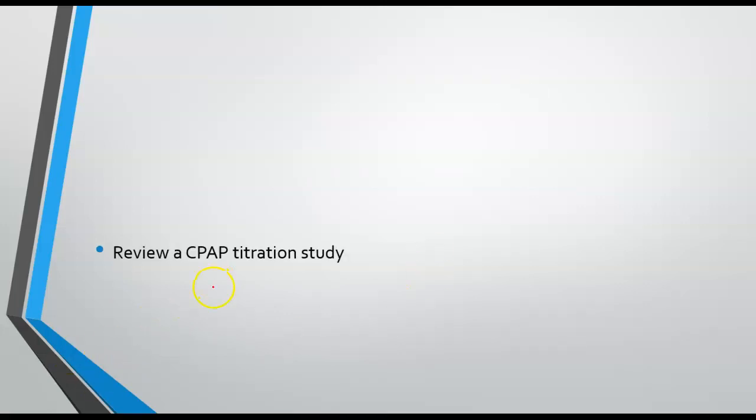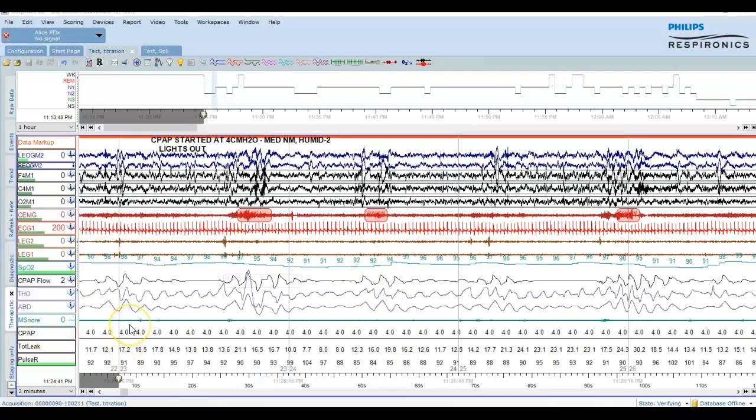So let's go and review a CPAP titration study to see how it is done in the real world. Here is the study. You can see that a CPAP study is being recorded, which says that CPAP started at 4 cmH2O, medium nasal mask, humidifier, to lights out.